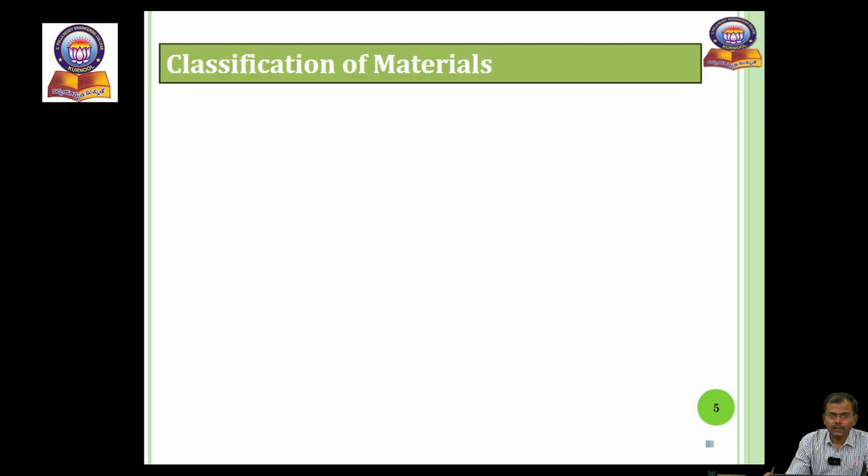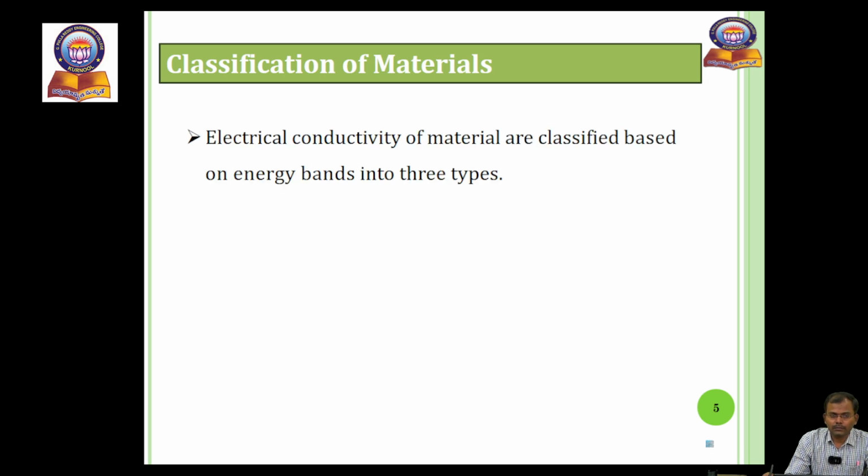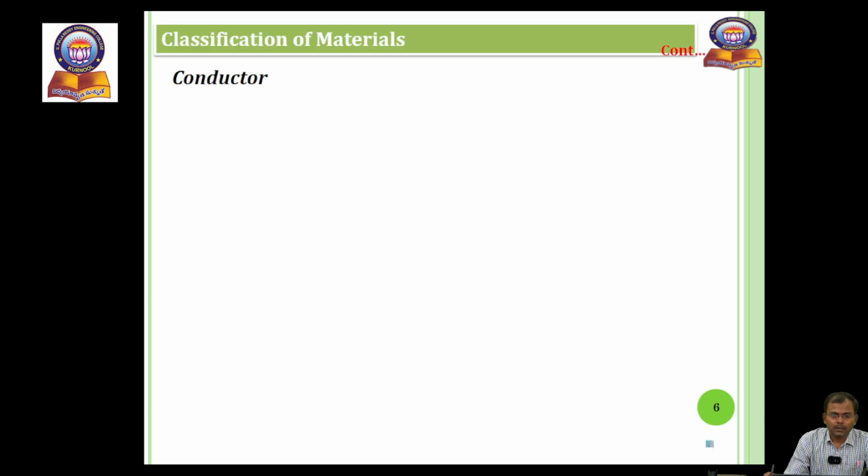Based on these three energy bands, materials are classified into three types based on electrical conductivity. One is conductor, another is insulator, and the third one is semiconductor. The conductor is a material that easily conducts electrical current.